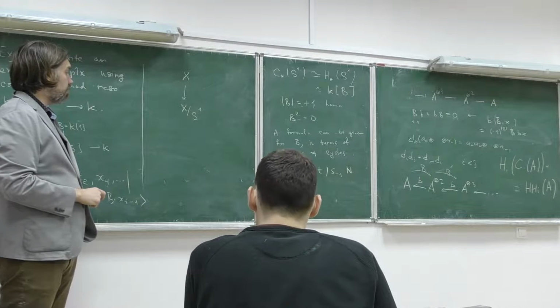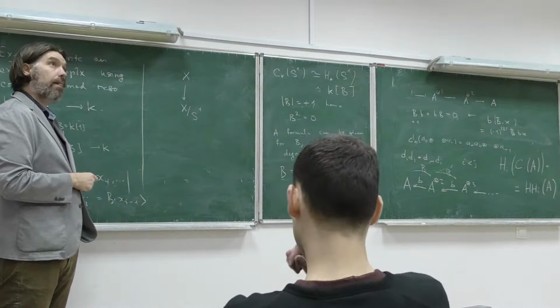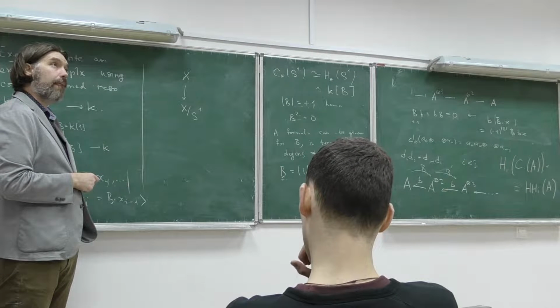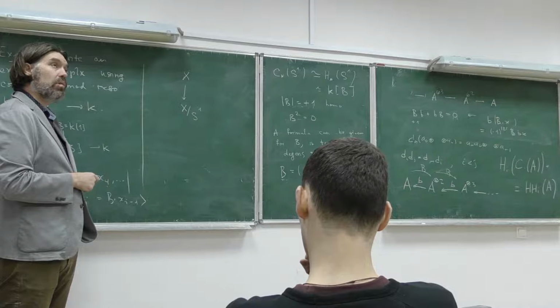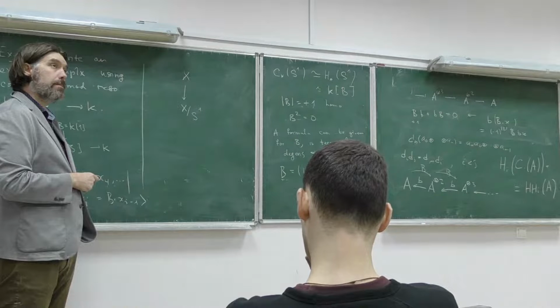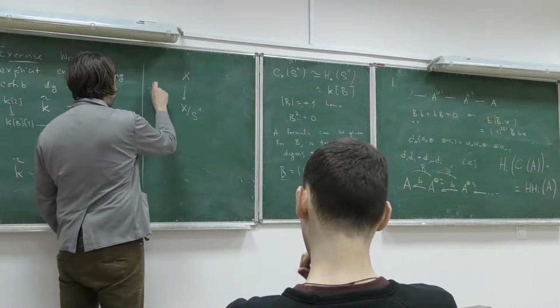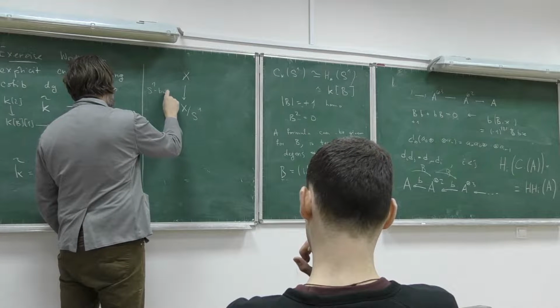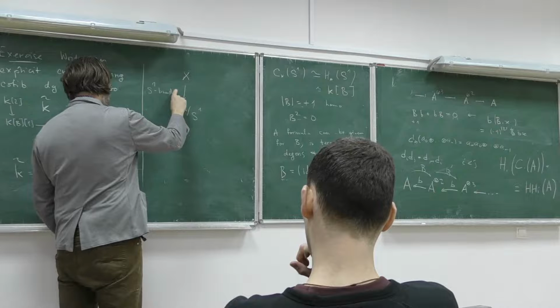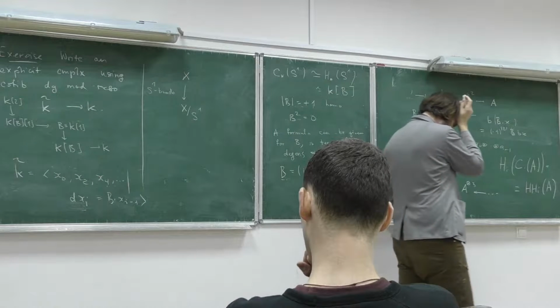So suppose I had a circle acting freely on X, so that the quotient was the homotopy quotient. And this would be a circle bundle.